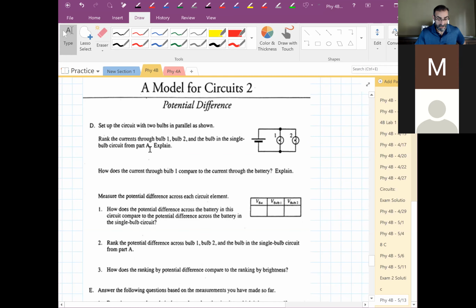So the question is, rank the currents through bulbs 1 and 2 and the bulb in the single circuit above. So the single circuit was this one.